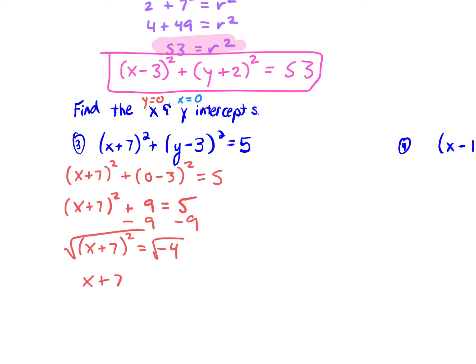So x plus 7 is equal to, can we take the square root of a negative number? No, we'd get an imaginary number. And we don't want to deal with imaginary numbers, we only care about real numbers here. So since this is an imaginary number, we have no x-intercept. So there is no x-intercept.